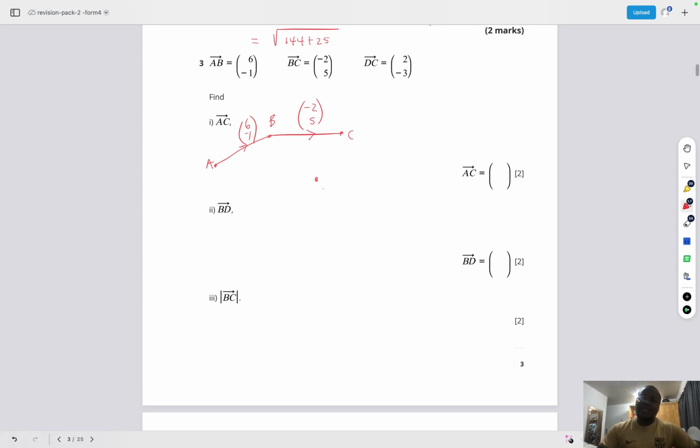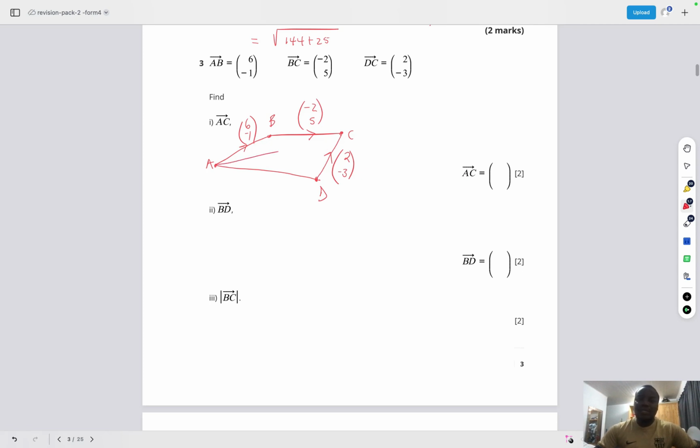There is a point D where DC, moving from D to C, in that order we go to negative 3. Okay, now all points on vectors must connect. So let's say this is the shape that we have, but I guess on the Cartesian plane it can be a proper shape of 6 units down, then you start going, but this is just for me to be guided in terms of directions. Now they say find AC.